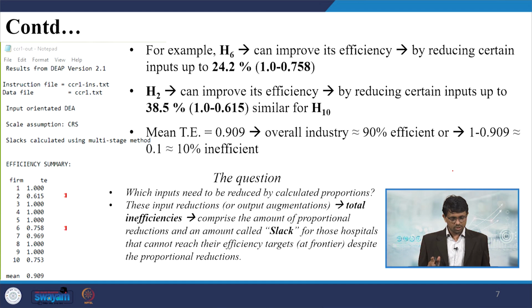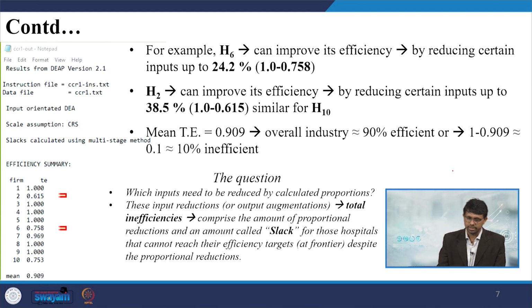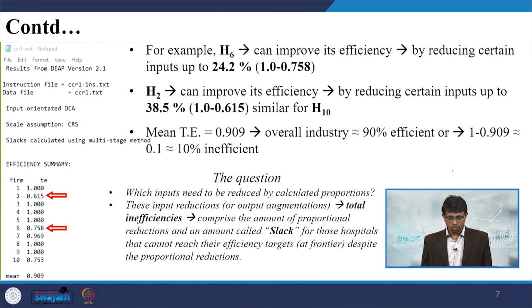Okay. So, we can improve its efficiency by reducing certain inputs up to 24.2%. Whereas, in case of H2, since it is 0.615, it will be 1 minus 0.615, this is precisely 38.5%. And if you reduce the inputs by this percentage, this can improve its efficiency.